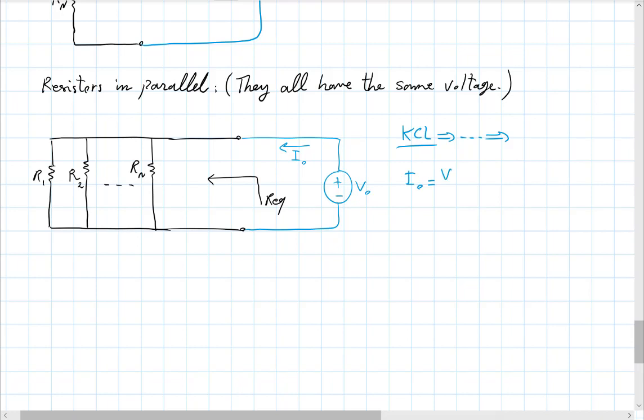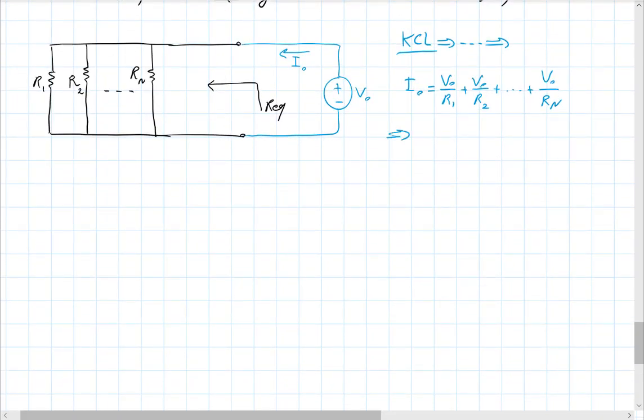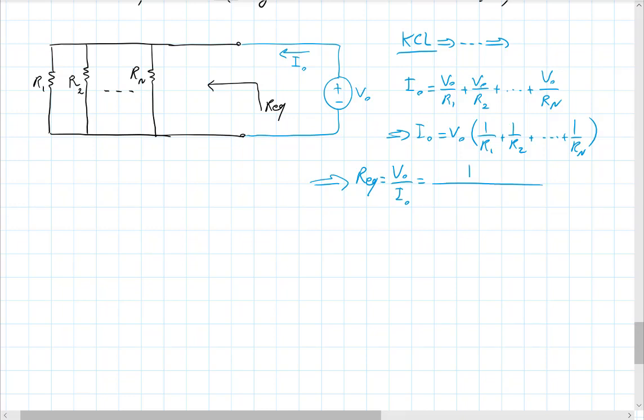So those currents are just V naught by R1 plus V naught by R2. Right?